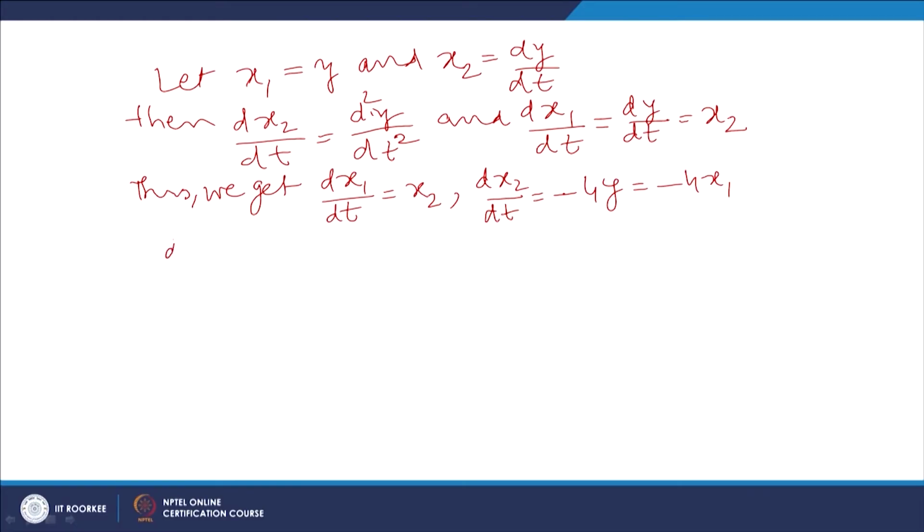is d²y/dt² + 4y = 0. This is a second order linear differential equation with constant coefficients. So, we know how to find its solution.